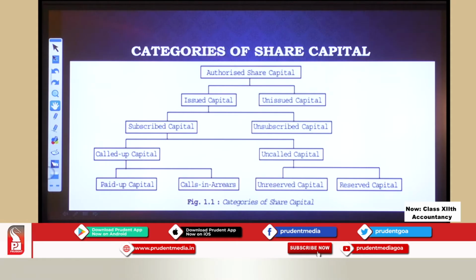So till the due date the amount was not paid. Okay, the due date is over, still the amount is not paid, it is calls in arrears. Now paid up capital is the amount which the shareholders had already paid on their calls. So company has made the calls, shareholders have paid the amount, that is paid up capital.